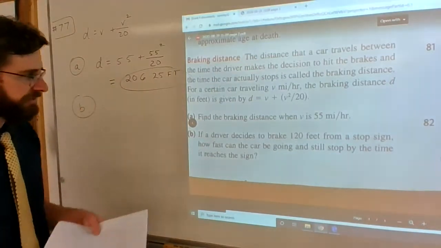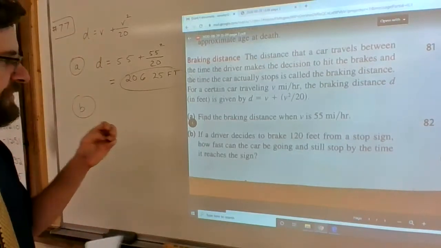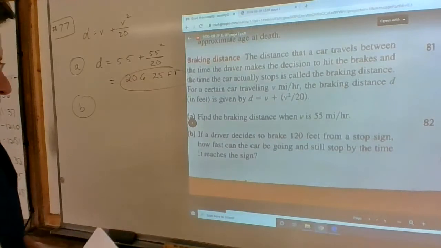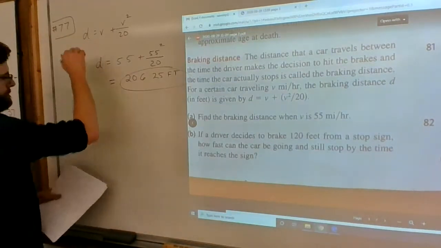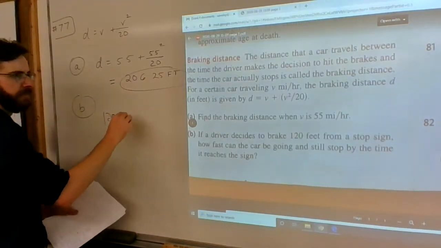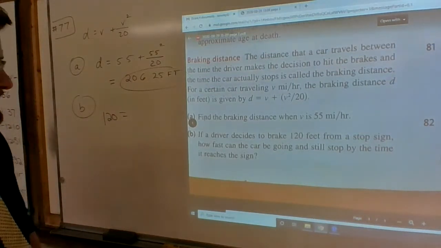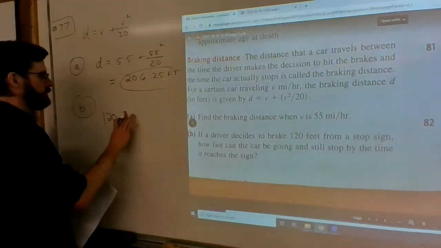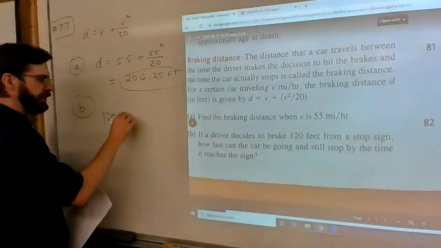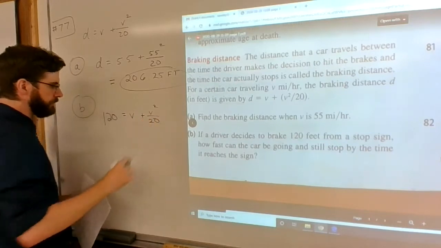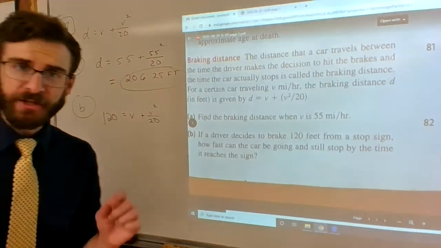All right, simple enough. Part B, if a driver decides to brake 120 feet from a stop sign, how fast can the car be going and still stop by the time it reaches the sign? All right, so we're looking for a velocity value in this case, which is a little bit trickier.